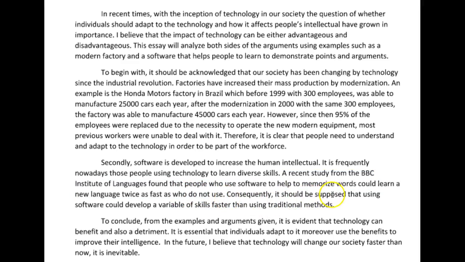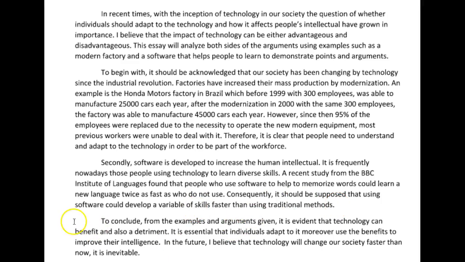Consequently, it can be supposed that the use of software could develop a variety of skills faster than using traditional methods, or just faster than traditional methods. We've already used using here, so we can say using software could develop a variety of skills faster than traditional methods.